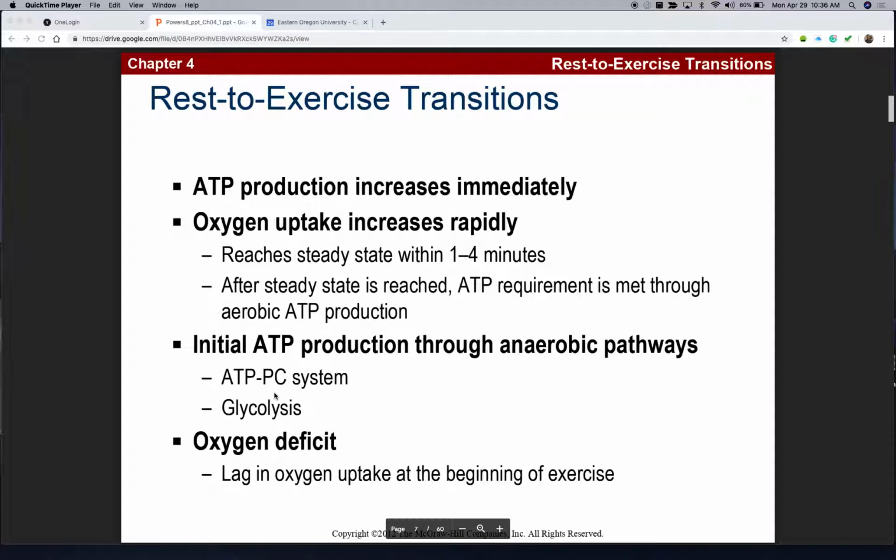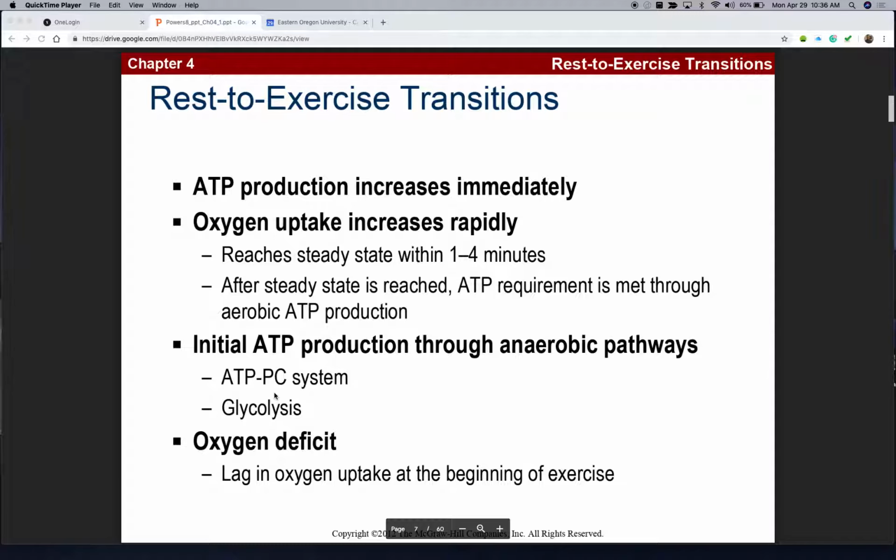So ATP production increases immediately. Oxygen uptake also increases rapidly or quickly, but it still takes anywhere from 1 to 4 minutes to reach what's called steady state. And this is going to be less in somebody that's more well-trained, particularly if they're running at a pace that they're well adapted to, right?